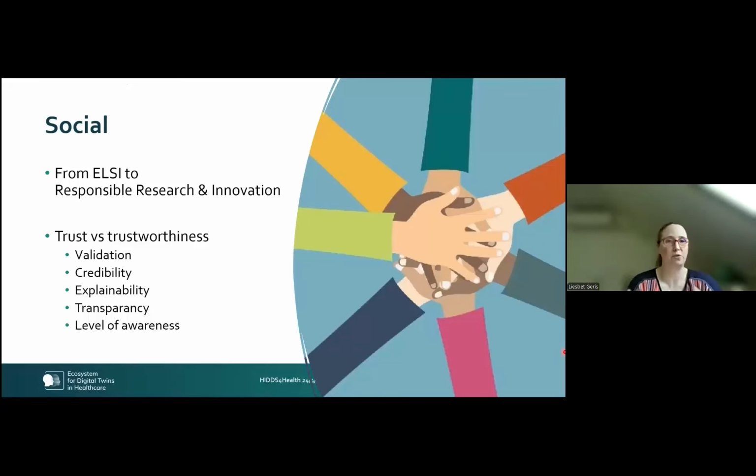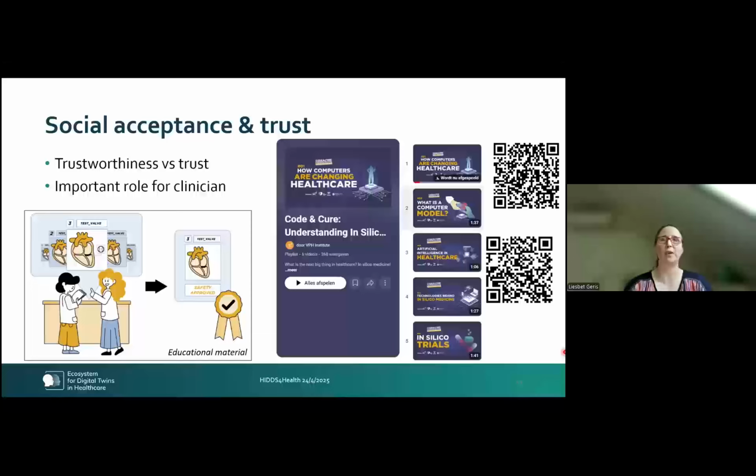You can go as far as doing trustworthiness, and then it's up to the patient's experience and the healthcare provider's experience to see if they actually trust it. Because a lot of clinicians also say, I trust it when it works in my hands, and if it doesn't work in my hands for whatever reason, I don't trust it. So building on trust is very important.